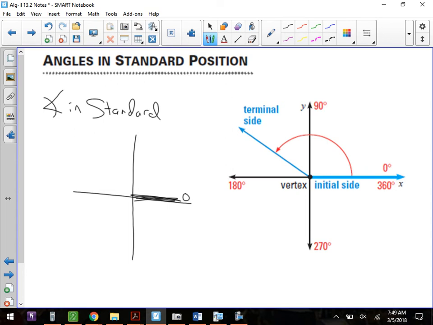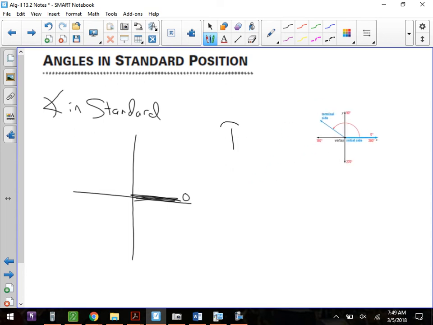So we have positive angles that go this way, and negative go that way. And what we do is talk about what quadrant an angle's terminal side lies in.